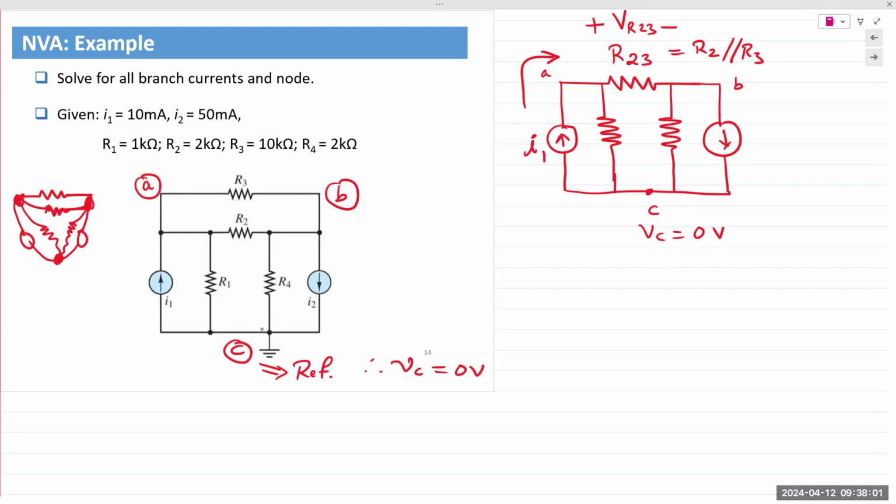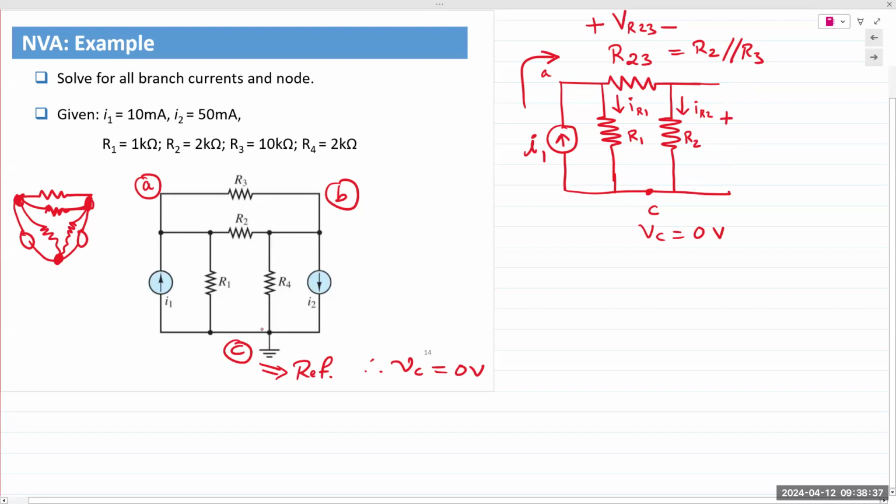Then, because it's going towards the right, I will assume the currents through R1 and R2 both come down from the top. This would be IR1, this would be IR2, and the voltage across R2 would be VR2.